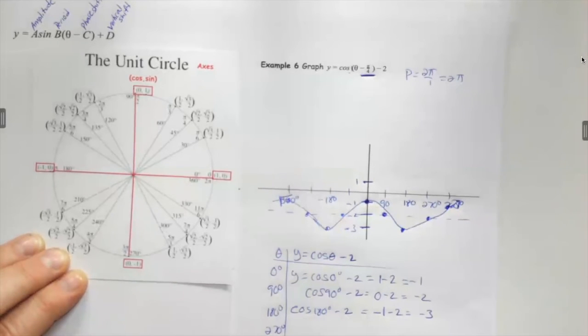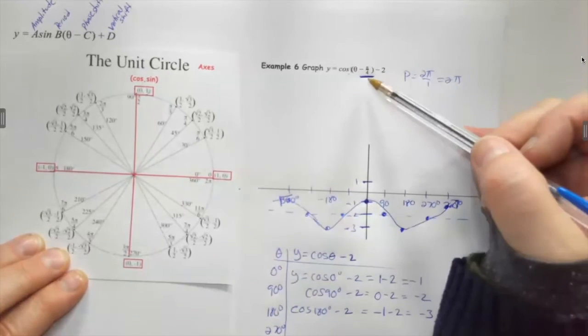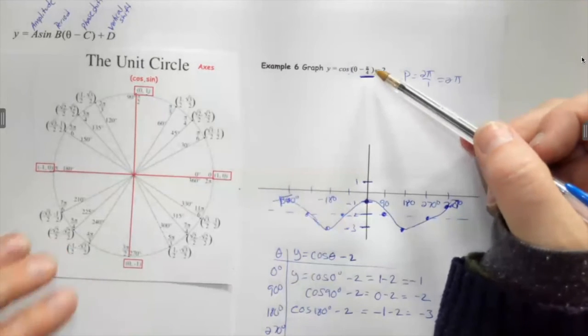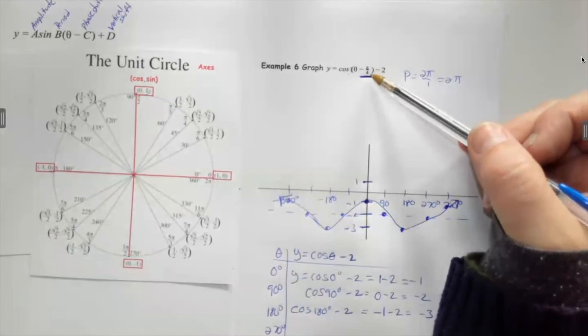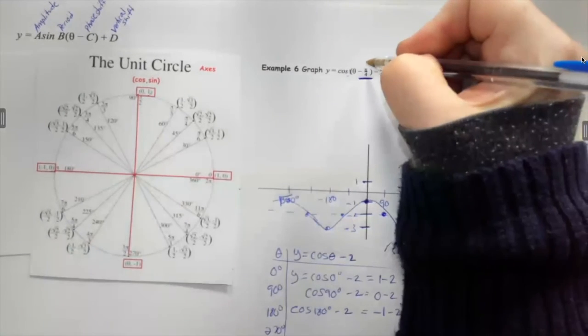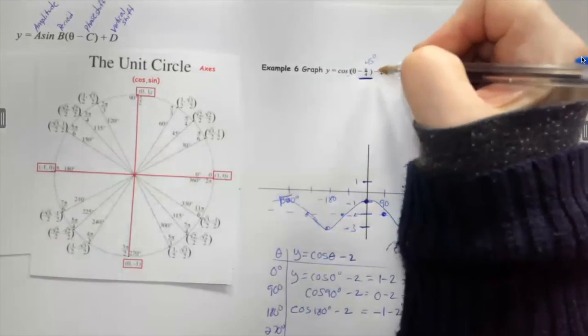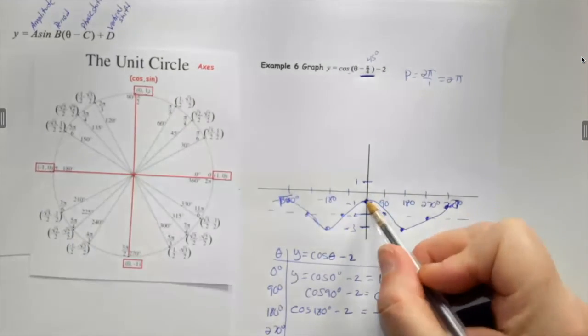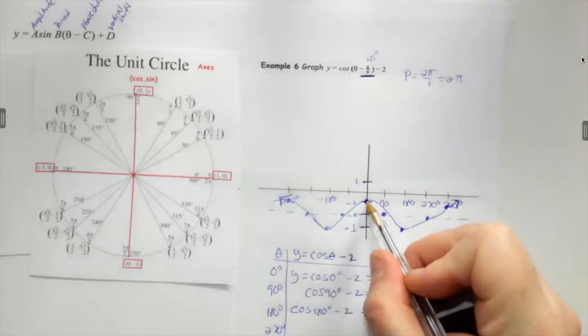Now I am ready for the phase shift. We are shifting this over pi over 4, a quarter of a pi. That would be 45 degrees. Here's 90. I'm going to take this point and shift it to the right 45 degrees.